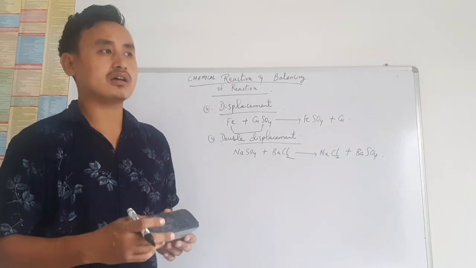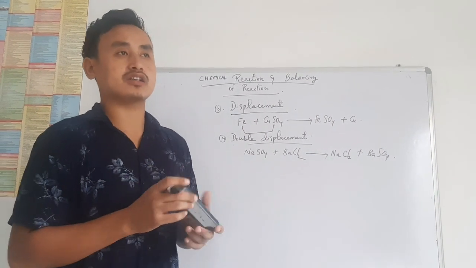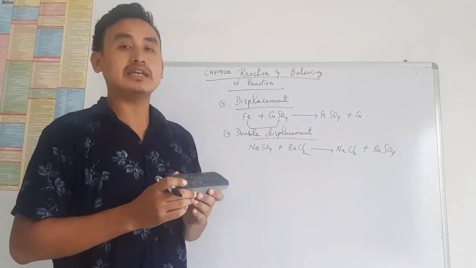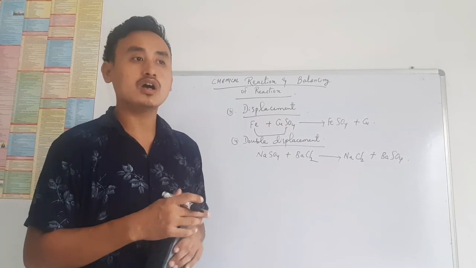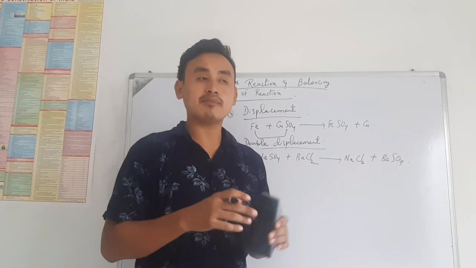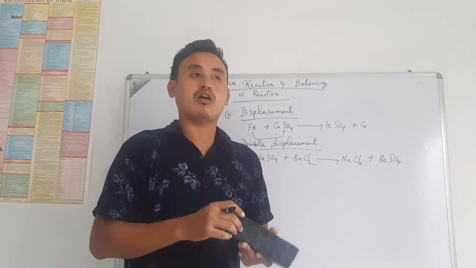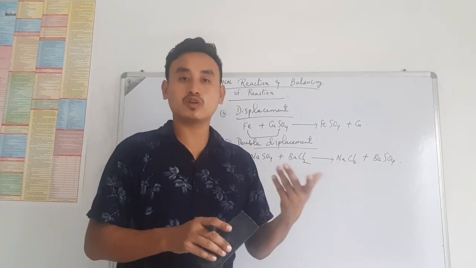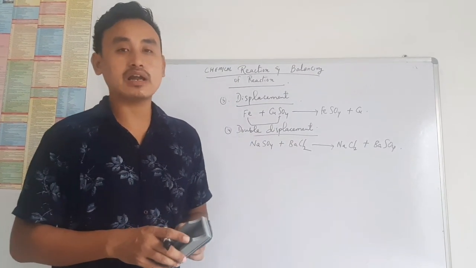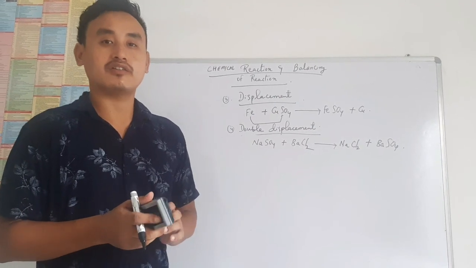In certain types of chemical reactions, heat is released and in others heat is absorbed. So chemical reactions can also be classified based on the absorption or evolution of heat. These are called endothermic and exothermic reactions.